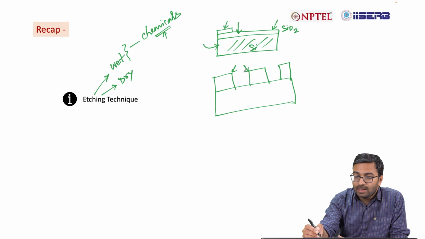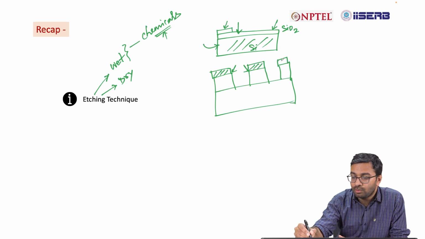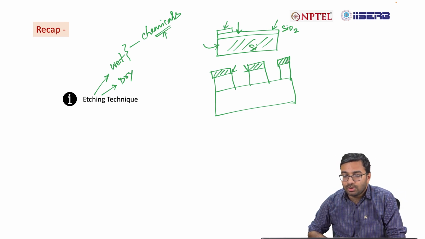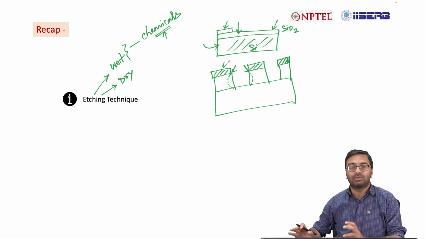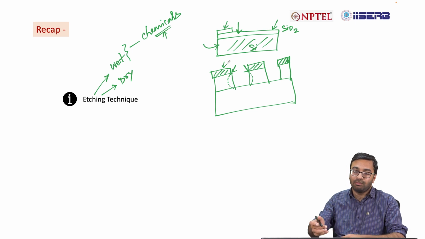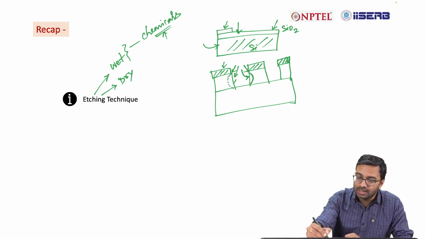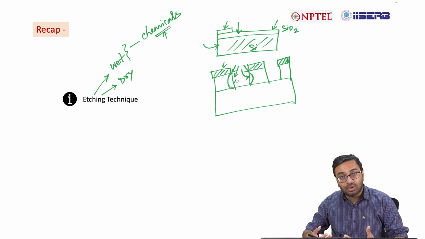However, in practice, if you have a mask over here and you do a wet etching process, you'll find there is a certain sort of undercut, that is, some portion beneath the mask will also be etched out, because the etchant will react with the thin film material. Once it comes in contact with these sides, it will etch out the materials from the side as well, and it will create an undercut. So the process is isotropic.